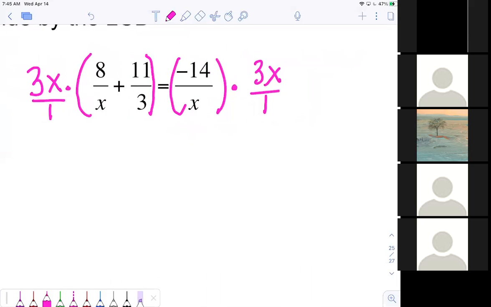So the goal is to not have a fraction in the next step. If I look at the first fraction, it is 8 over x. It has an x in the denominator.